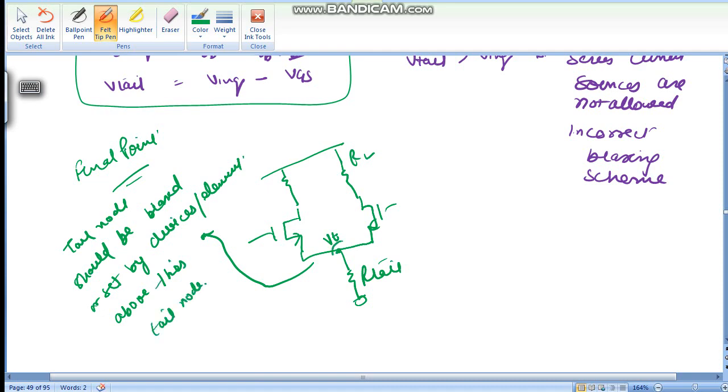So this tail node is biased by these devices, not by this resistance. So here we cannot use a resistance, we should use a current source.